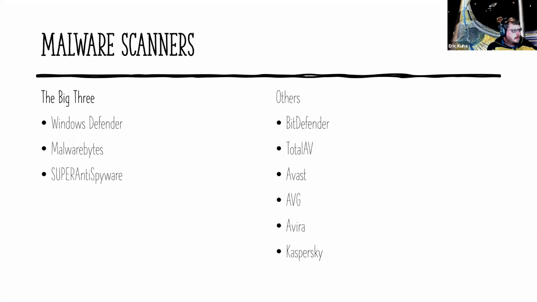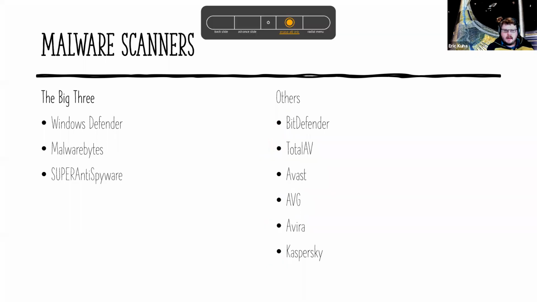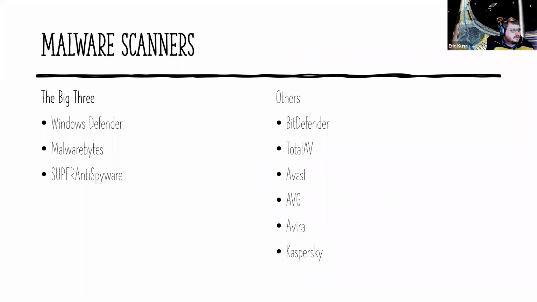Let's see here. The other ones we've got, all of these are theoretically good to go. I used Avast for many years, but it irritated me because it eventually kept trying to upsell me constantly. So I deleted it. I don't know if they've changed their ways yet.